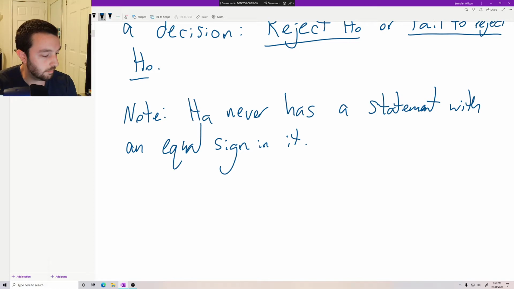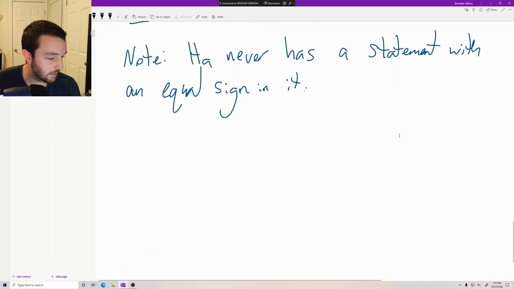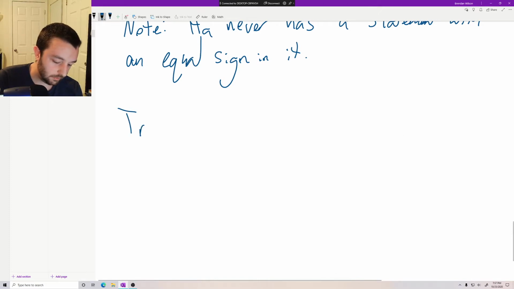Okay. So let's finally get to an example so that this can hopefully make a little bit of sense. Let's look at Try It 9.1 here.